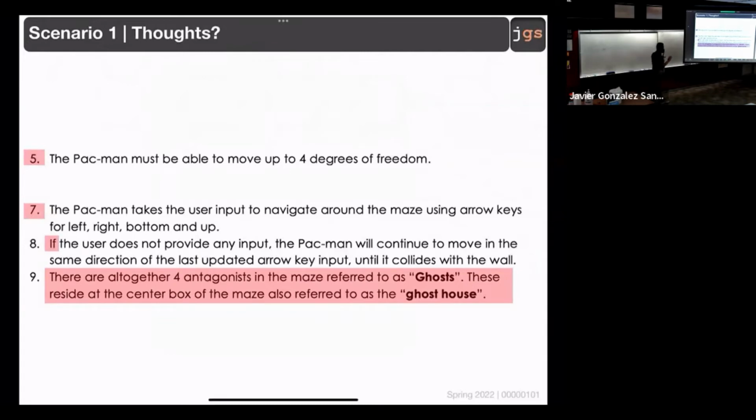As I mentioned before, copy paste. So the numbers are from the submission that the student did, not my numbers. Do not try to make sense of the numbers. Use copy paste of PDFs. Number 5, all of them requirements for the Pac-Man. Number 5, is it a requirement, yes or no?